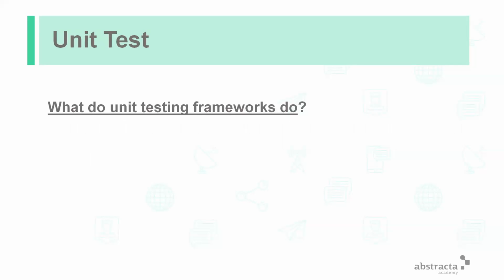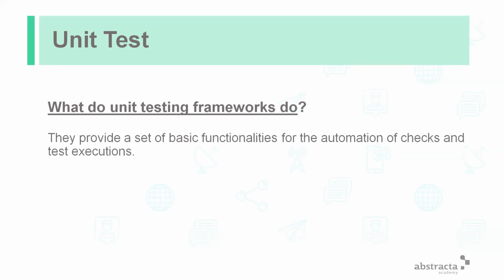What does a unit testing framework do? A unit testing framework provides a set of basic functionalities for automation checks and test execution, and also for data management. We can implement data parameterization (TDD) using these unit frameworks. In this case, as I said, we're going to be working with JUnit. Also, we can classify the tests, for example if they are going to be executed on a regression or smoke suite.